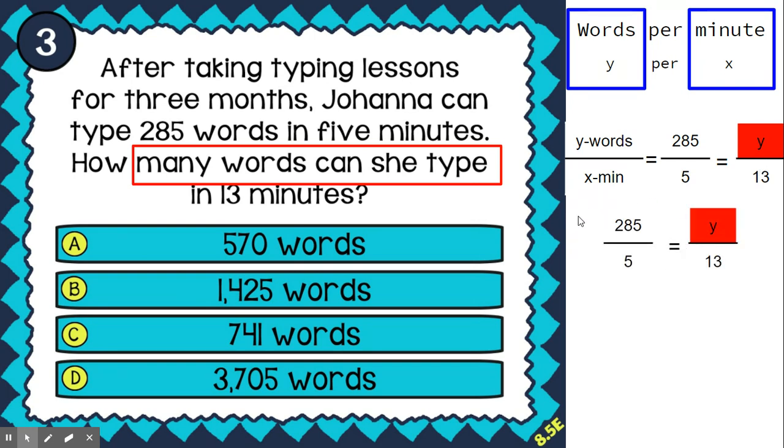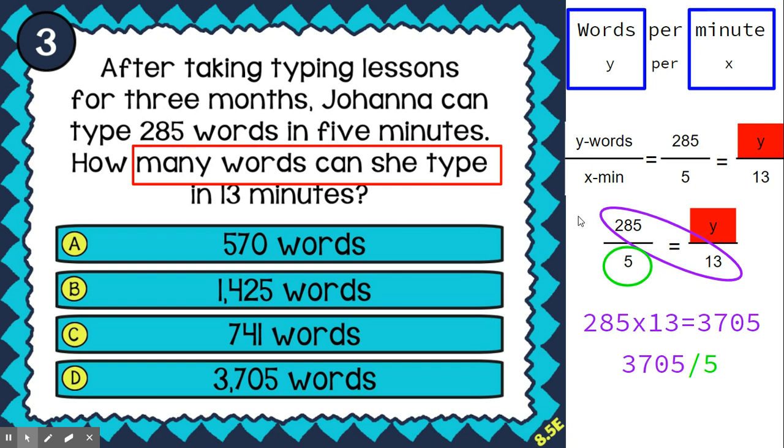So writing this proportion down, I'm going to do the same steps that I did on my other examples. 285 times 13 is 3,705 divided by 5. So 3,705 divided by 5, I get y equals 741. So the only difference in this one with words is just that you have to make sure you know that y is words, x is minutes, and that'll help you set up the equation.